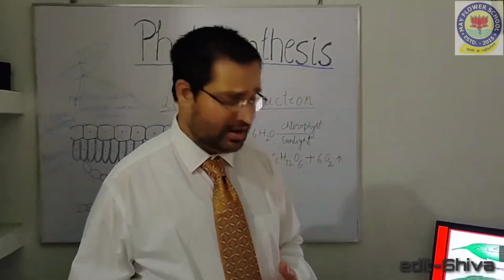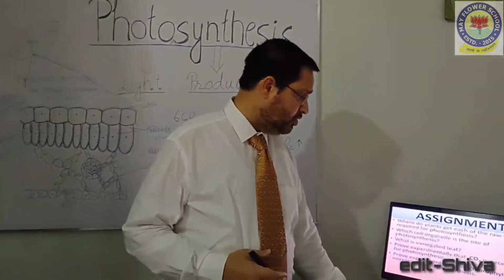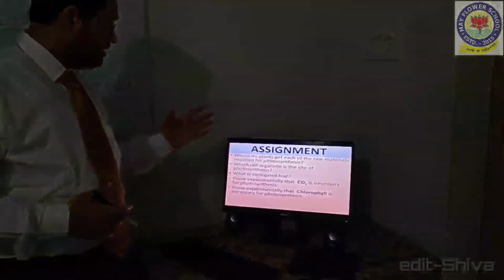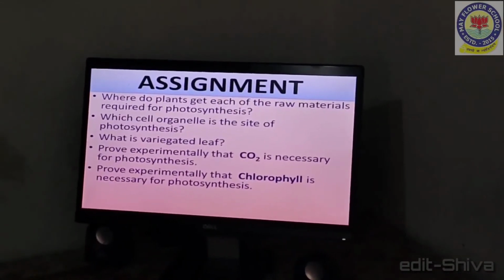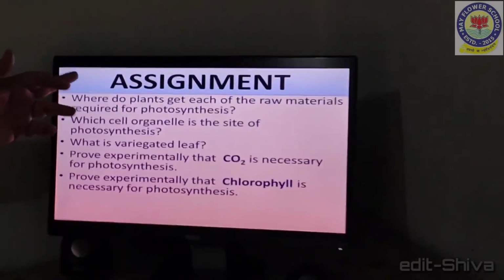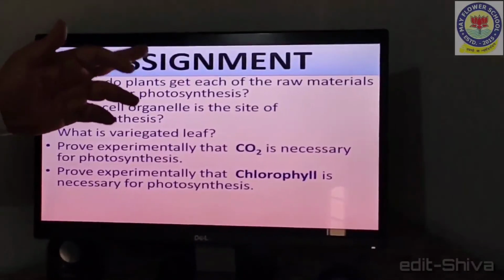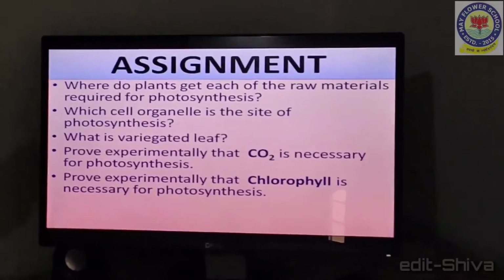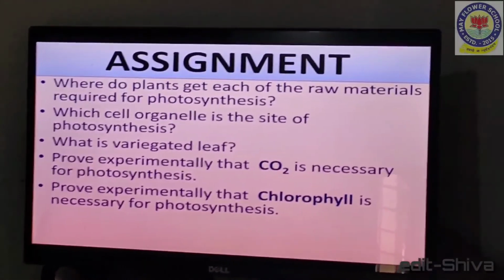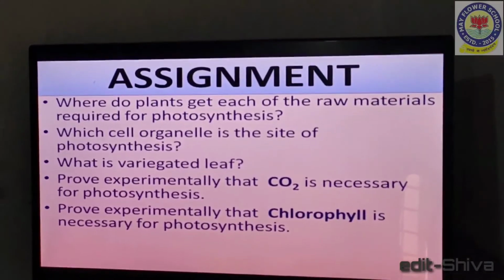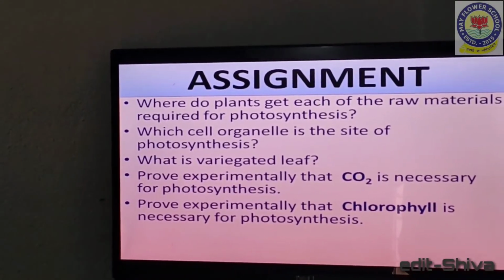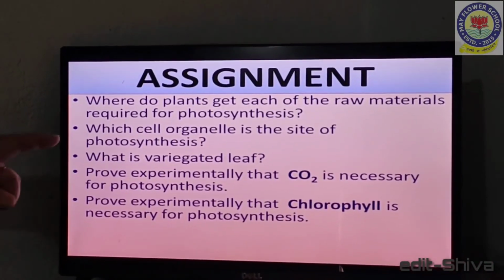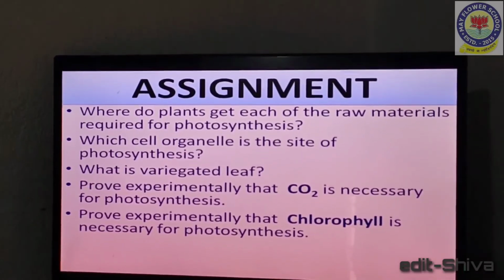At the end, I will give you an assignment having 10 questions. First question is, where do plants get each of the raw materials required for photosynthesis? Which cell organelle is the site of photosynthesis? What is a variegated leaf?